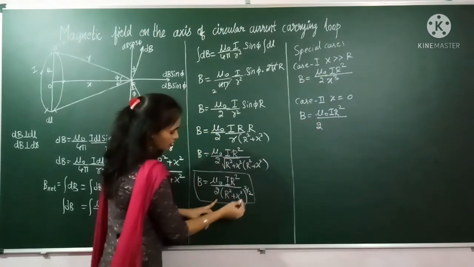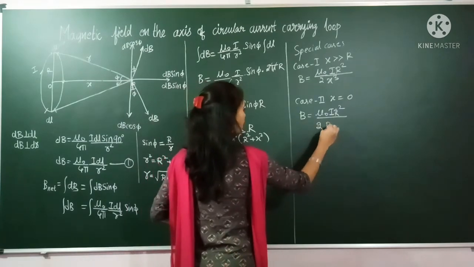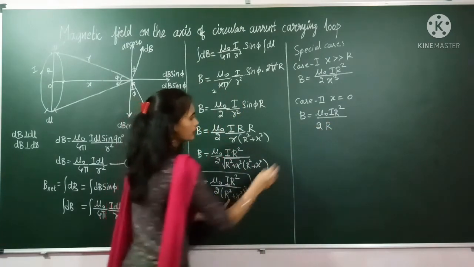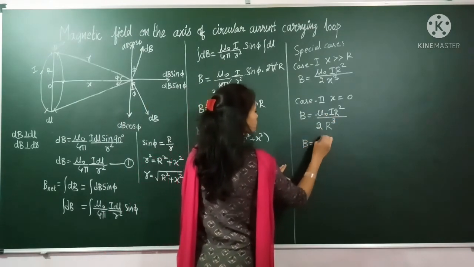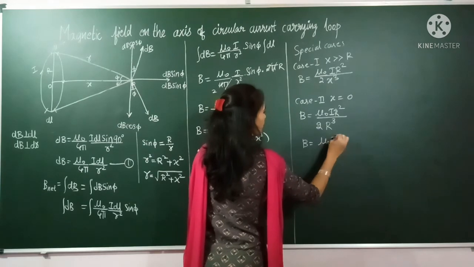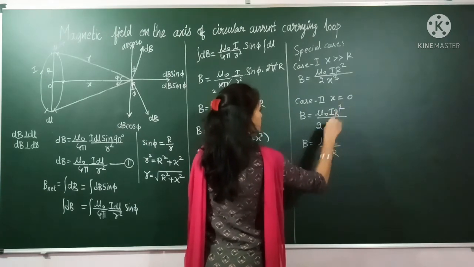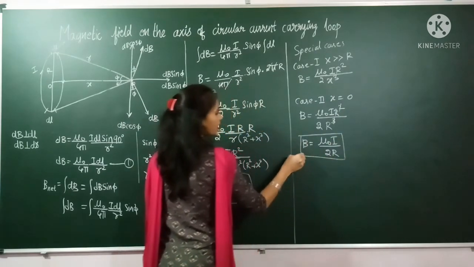In this equation, if you delete this x value, how much will we get? R³ will remain, this square and this 2 cancel. So now this equation will be B is equal to μ0 into I divided by 2R, because this square and this cancel.